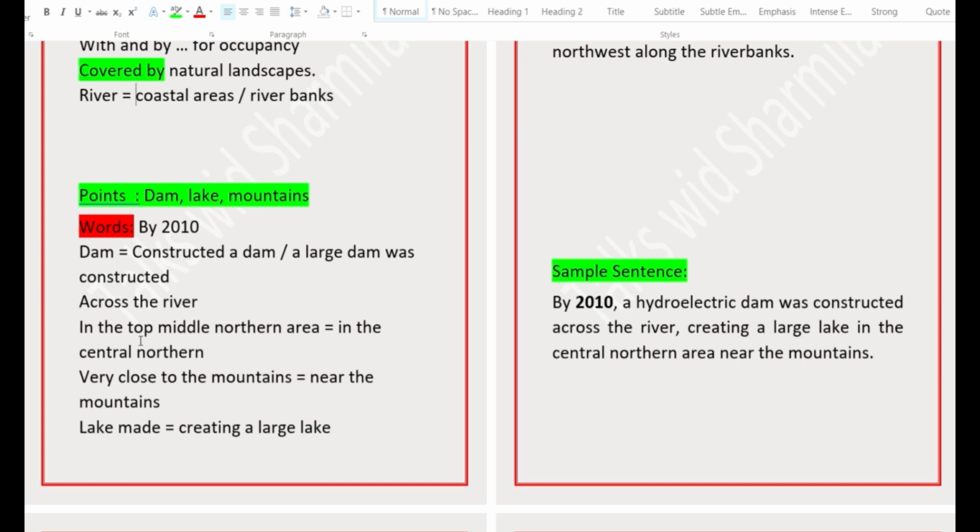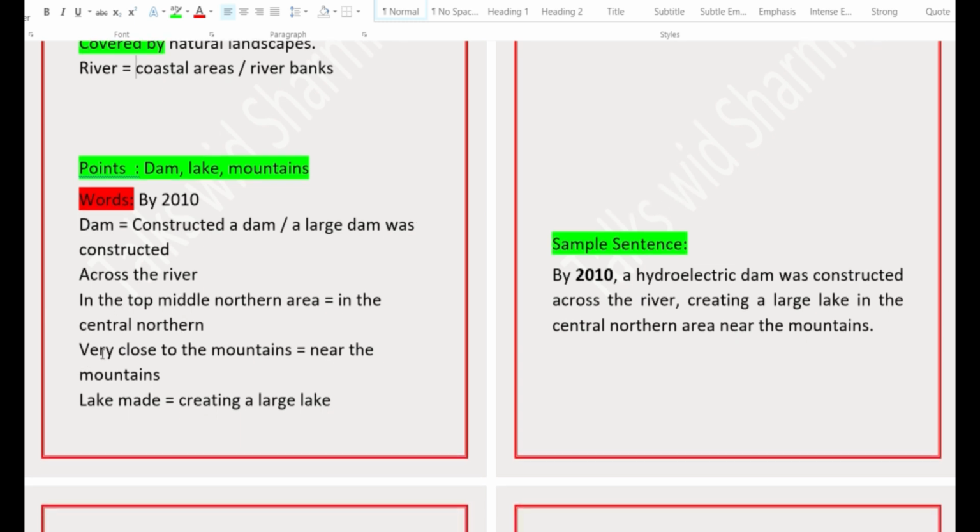When you are speaking about the top middle northern area, then try to use the words in the central northern area. In the central. Don't use the words in the top middle. Now when you are speaking about something which is very close to the mountains, say near the mountains.